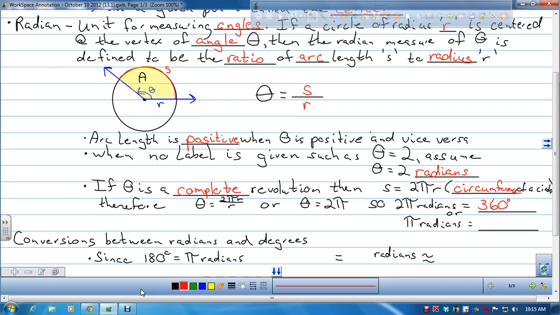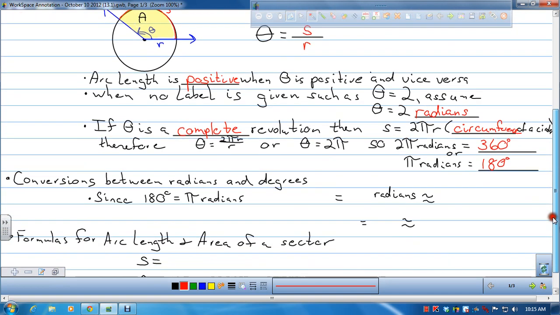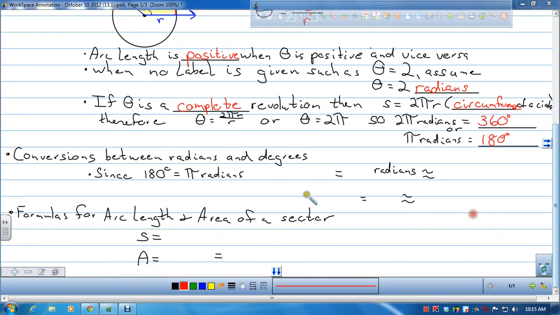Therefore, if I were to divide both of those by 2, or get half of a complete revolution, it would be pi radians, or 180 degrees. And those are important because those are going to be the conversions we use to go back and forth between radians and degrees. Okay, as we go forward here, that will kind of clear itself up.